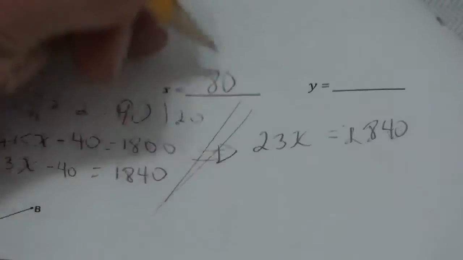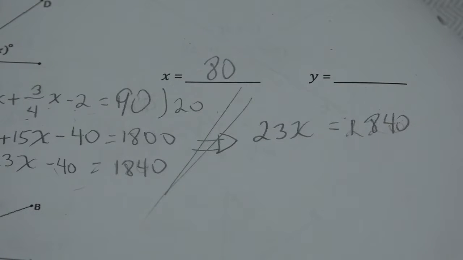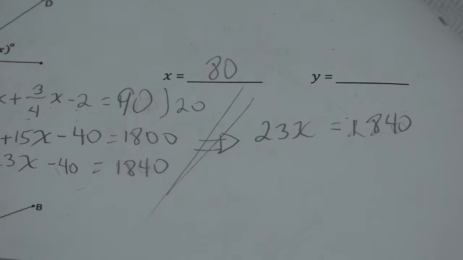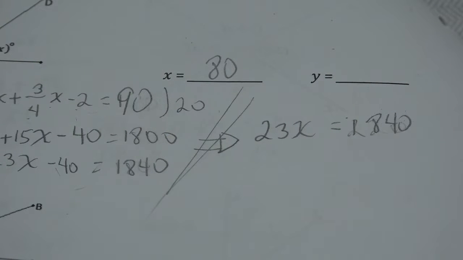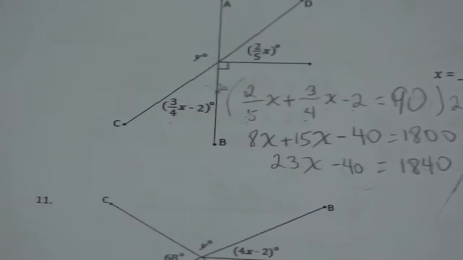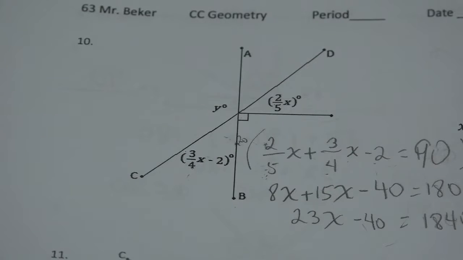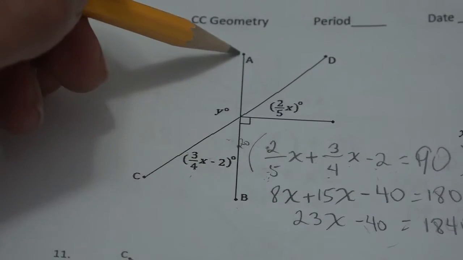Right, x is 80. And now that I have x, okay, how can I find y? Okay, so x is 80. How am I gonna find y? I really don't know. Wait, this line is 180.